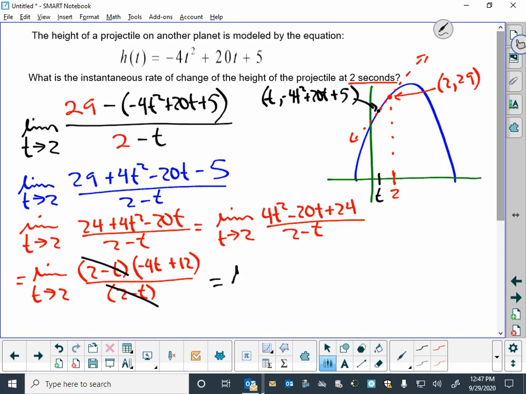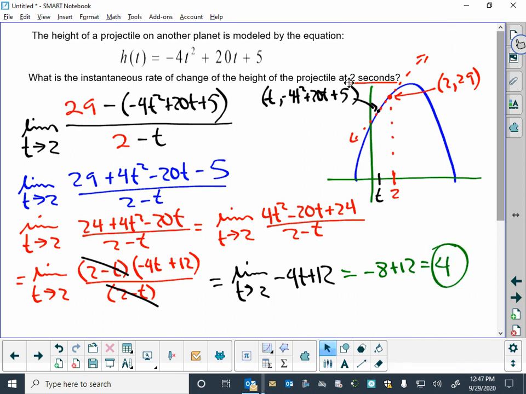This gives me the limit as t goes to 2 of negative 4t plus 12, which, since this is just a polynomial, I know I can find by plugging the 2 in. That'll give me negative 8 plus 12, which is 4, so my instantaneous rate of change is 4 meters per second.